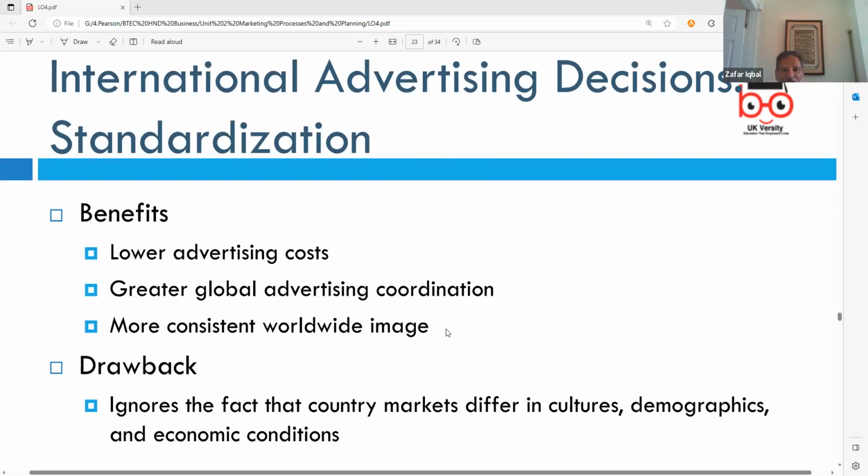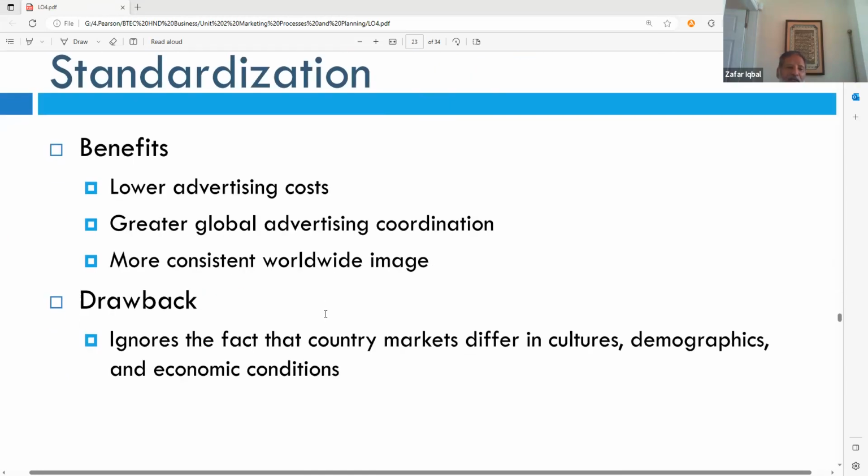There are standards of advertisement, behavior and ethical issues. When we are advertising internationally, you need to look at the language, the culture, the economic conditions, the benefits, and the impact it's going to create. So you need to look at how to coordinate your global advertisement campaign.